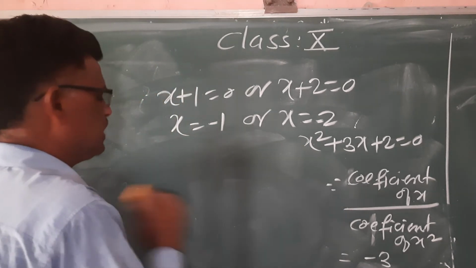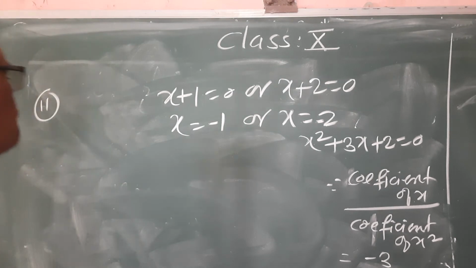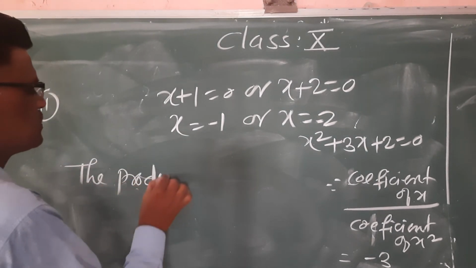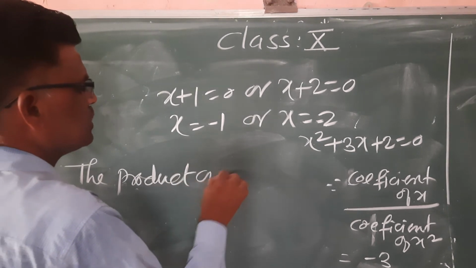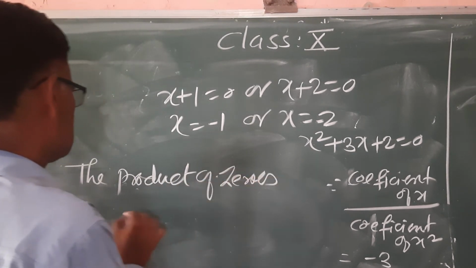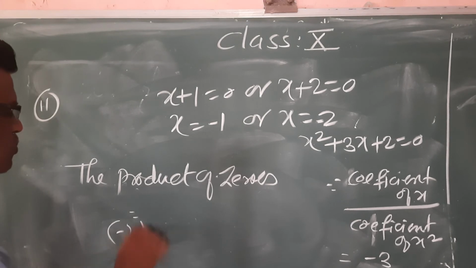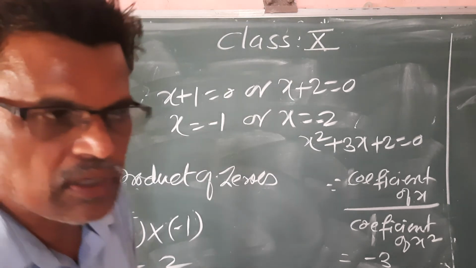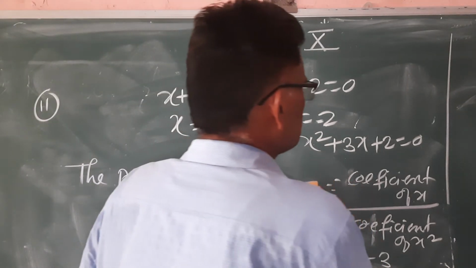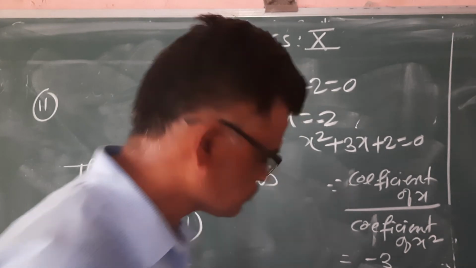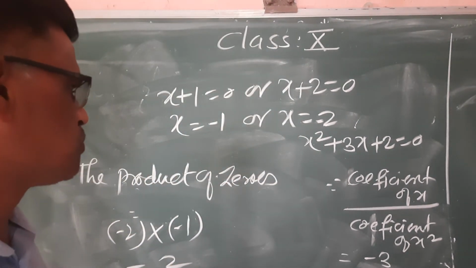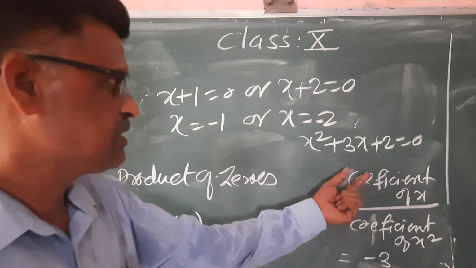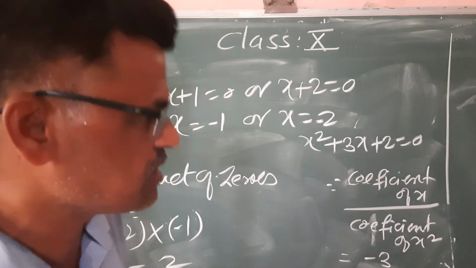We already know the product of the zeros is minus 2 into minus 1, that is equal to 2. The product we get is positive 2.